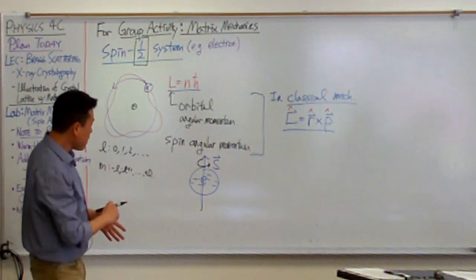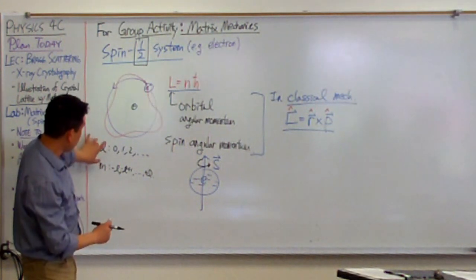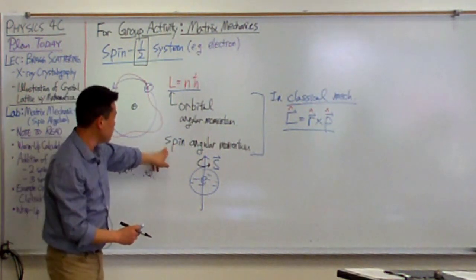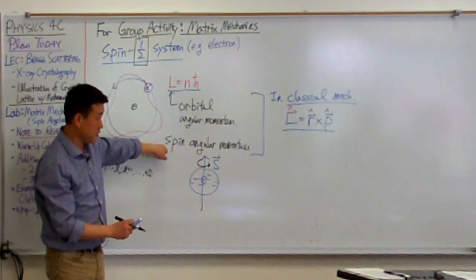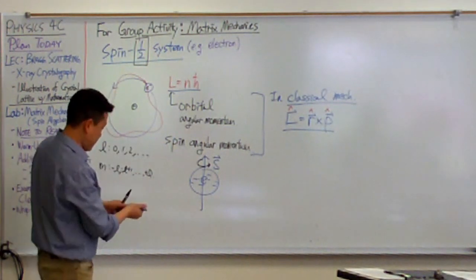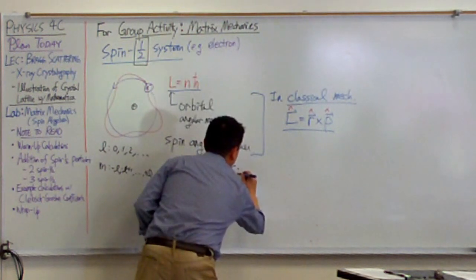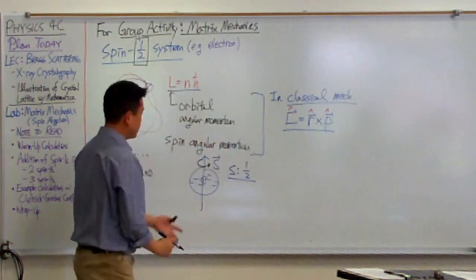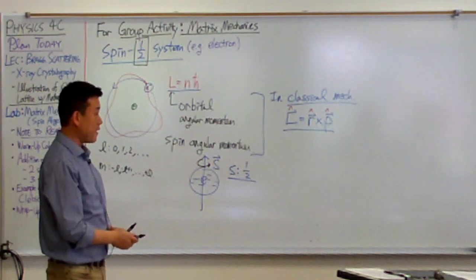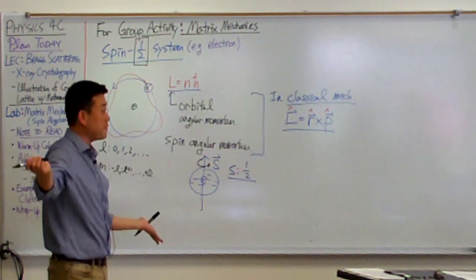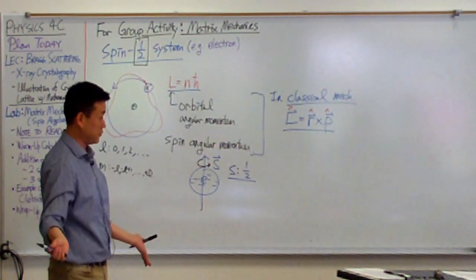There is a similar set of quantum numbers you can assign to the electron that is associated with spin angular momentum. And this is what I'll tell you: the spin angular momentum quantum number is just 1/2. That's for the electron. If you have a different particle, it may have a different spin angular momentum magnitude.